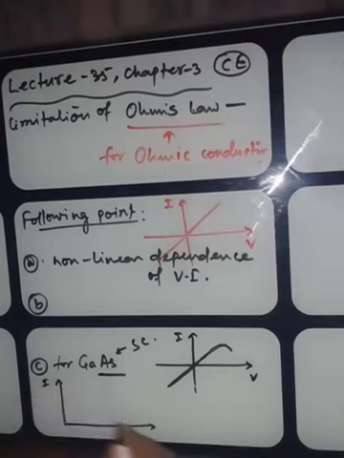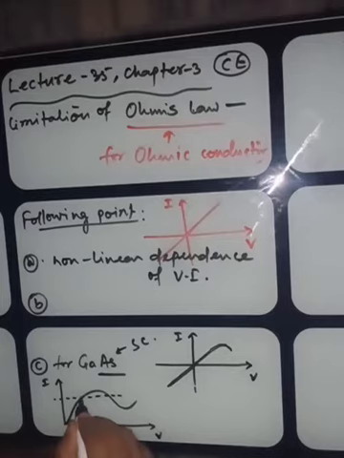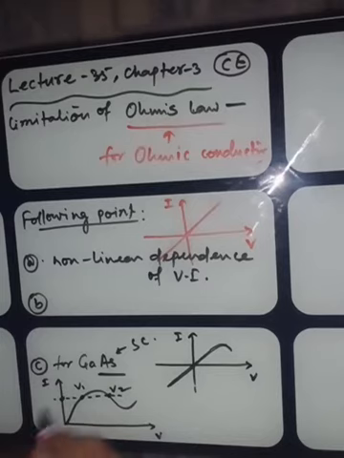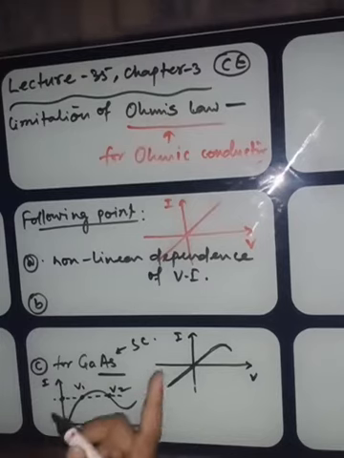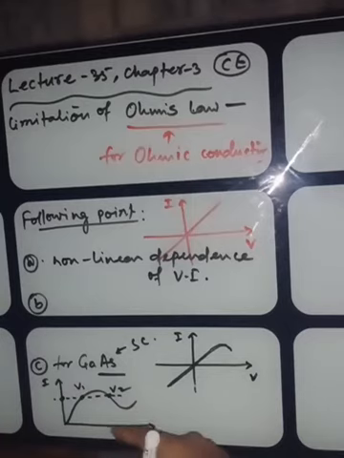This is the current and this is the voltage. Here, if you draw a line parallel to the voltage axis, you will find two values of V, like V1 and V2, for one value of current, which is not possible for an ohmic conductor. If it shows such a graph, it is not obeying Ohm's law.